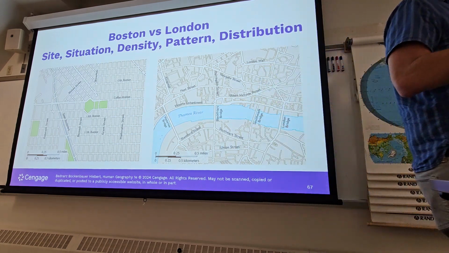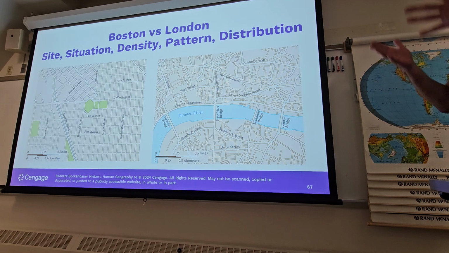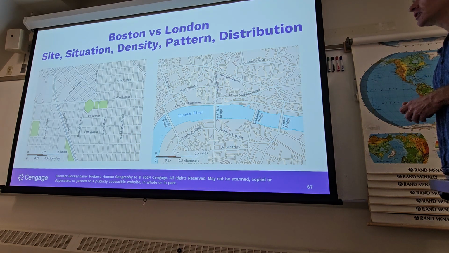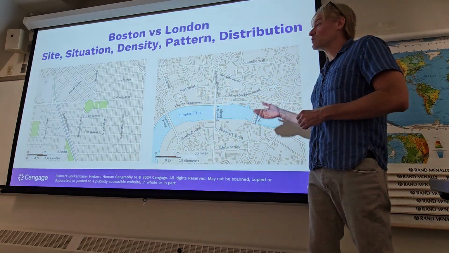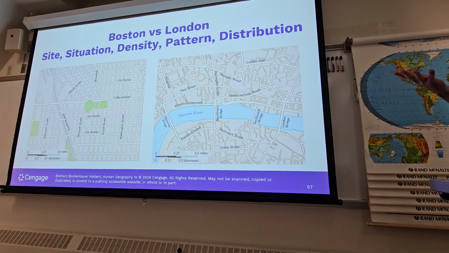And as you look at how these are developed, how cities developed through time, the site and situation, the context, is important to know, which is, of course, that London is a much older city. Older cities, their development patterns, what we would call organic development.